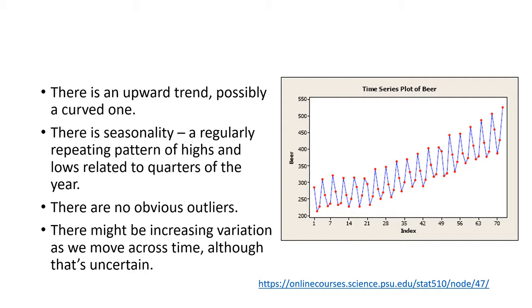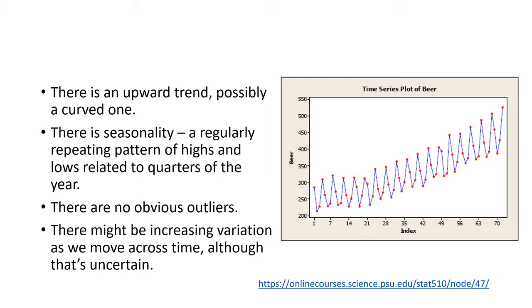Let's say we have this plot over 70 years beer drinking. Here you can see there is an upward trend. Looks a little bit curvaceous, and you can see for each year there is seasonality, right?